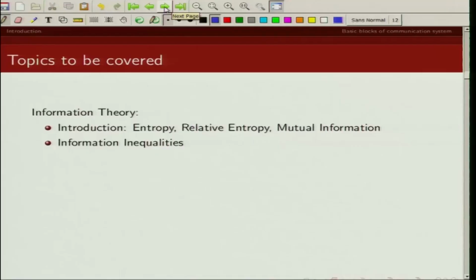After that, we'll talk about some information inequalities, Jensen's inequality, log sum inequality, and some other results such as Fano's lemma, which we will be using subsequently later on to prove some other results.